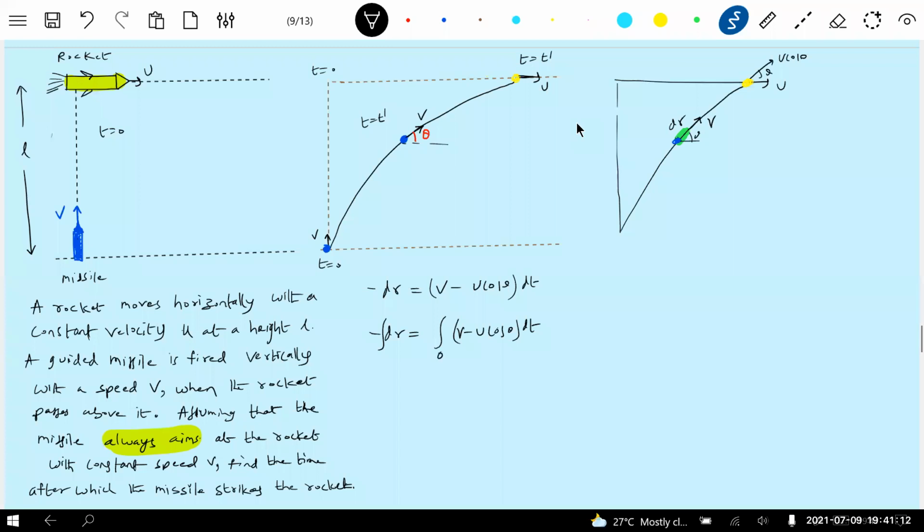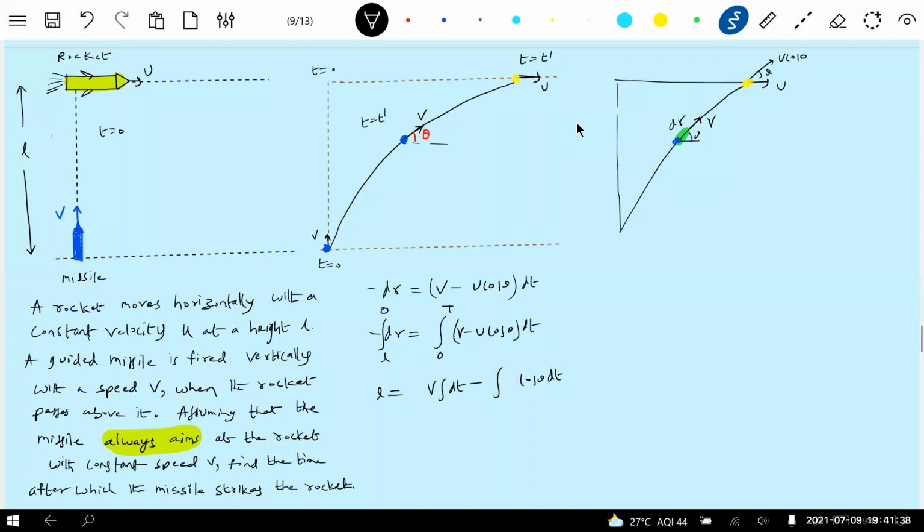Initially at t equals 0, it was the separation L, and finally the separation becomes 0. Then what is the time taken? Let it be capital T. So this will become plus L only. After integrating, this is equal to V integral dt minus U integral cos theta d theta.